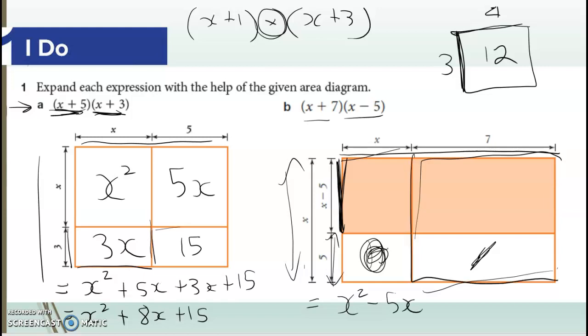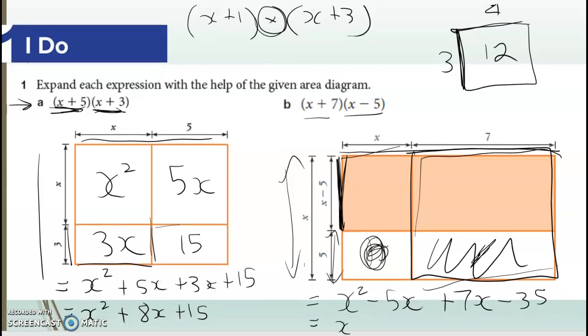Now this bigger box would be 7 times x, and then subtracting this area here is 35. So collecting like terms, I get x squared plus 2x minus 35.